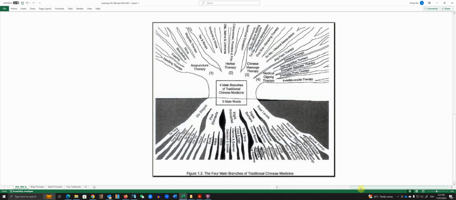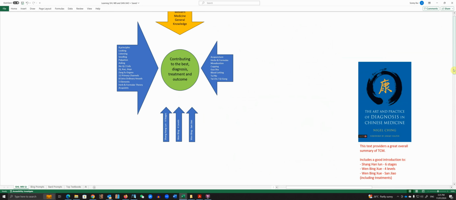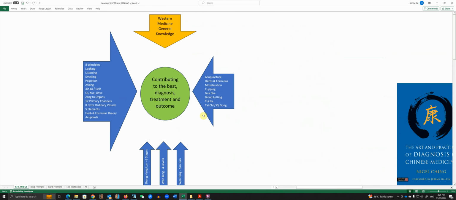Similar to this infographic, I created this summary here, which shows what will contribute to the best diagnosis, treatment, and outcome for a patient. On the left are typical things included: the 8 principles, your analytical and interviewing skills, the Zang Fu organs, the primary channels, the extraordinary vessels, the 5 elements, your understanding of herbs and formulas and acupoints.